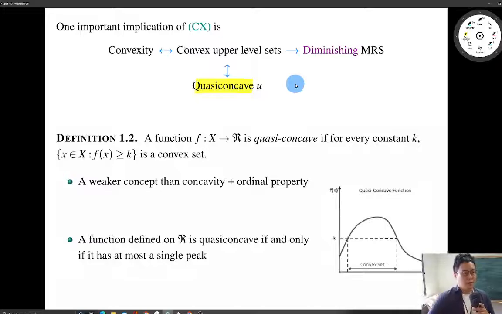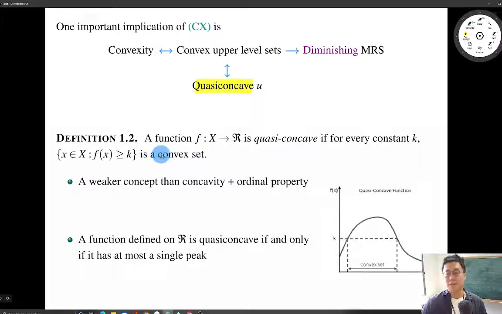Its standard definition is right here. We say a function f is quasi-concave if every upper contour set, the set of elements in the domain such that the function takes a larger value than some constant k, becomes a convex set.